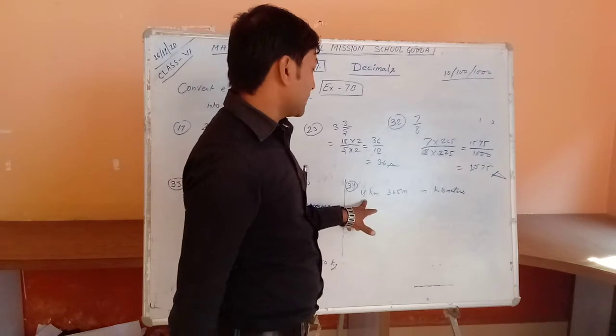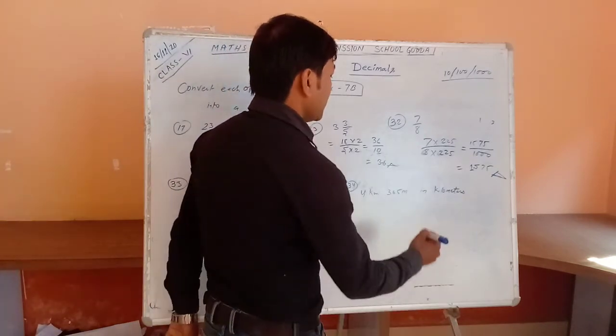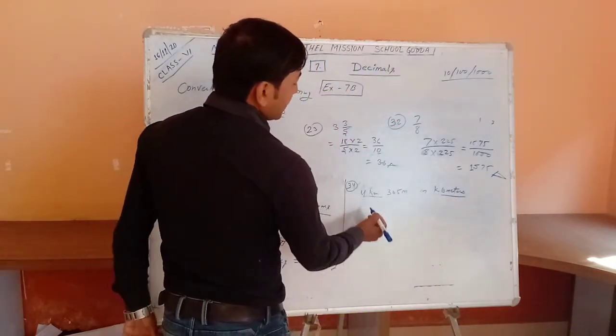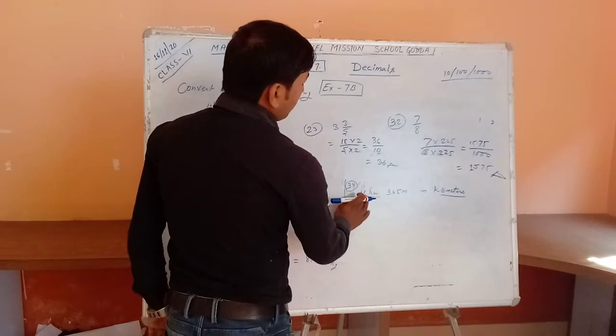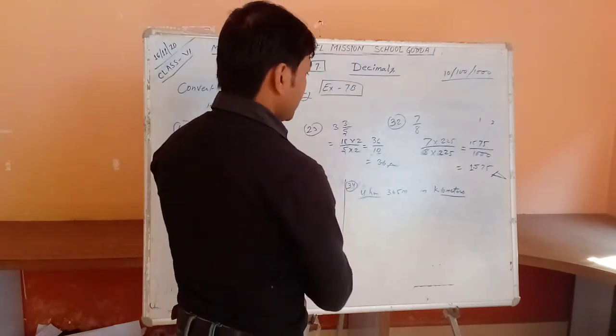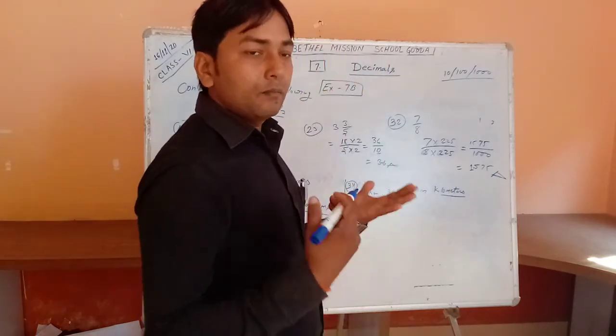Here is a similar question: 4 kilometer 365 meter into kilometers. Kilometers you have to convert. So this part, 4 kilometer, is already given in kilometer. Only we need to change 365 meter into kilometer. So we know 1 kilometer is equal to 1000 meter.